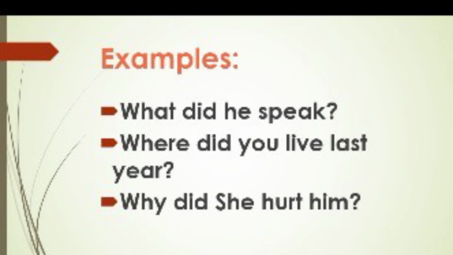So at first you have to put the WH word, then did, then the subject, then verb 2 will be verb 1, and then the object or extension, and at the end you have to put a question mark. Last one, why did she hurt him? So at first you have to use the WH word, then did, then the subject, then verb 1, and then the object or extension, and at the end you have to put a question mark.